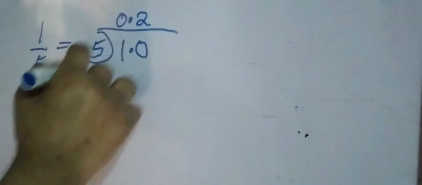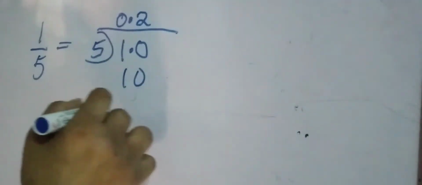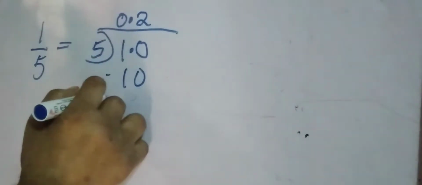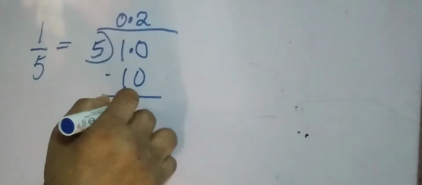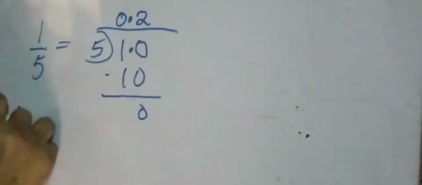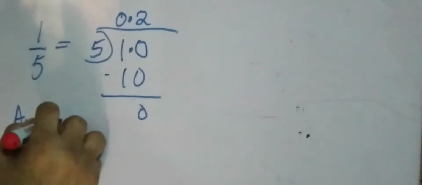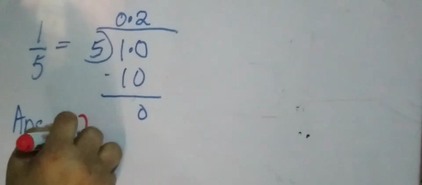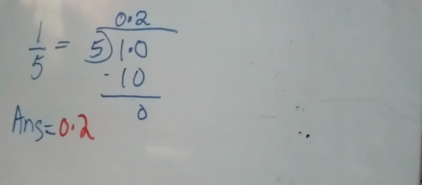So you put a 0 here to continue working the problem. So we're going to say 5 into 10 goes 2 times, 5 2s, 10. 10 from 10 leave nothing. So the answer equals 0.2.